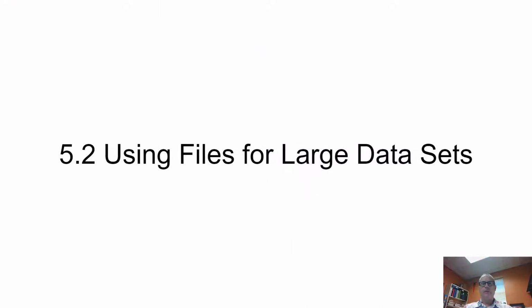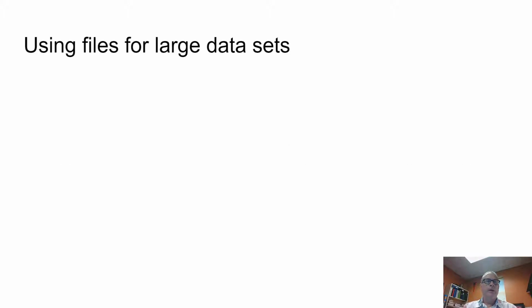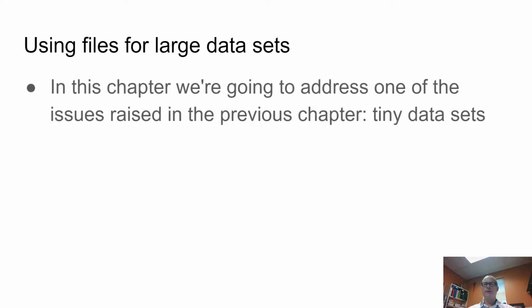In this chapter, what we're going to be doing is using files for large data sets. So basically, we're learning how to do input and output from files and from sources that are on the internet. Really what we're doing is addressing one of the issues that we raised in the last chapter, and that was that we were dealing with tiny little data sets.